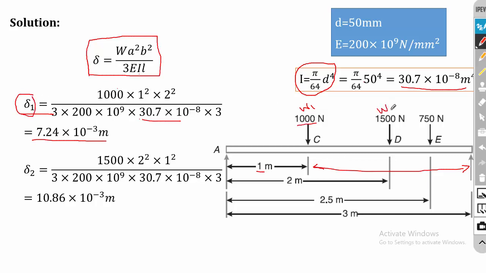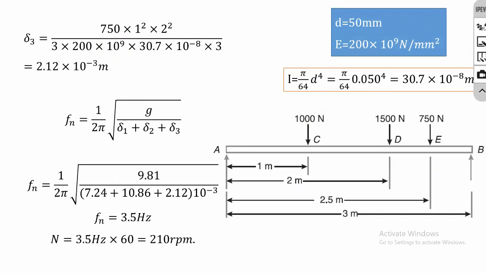Then the next load is W2, that is 1500 Newton. Here the load is replaced with 1500 and the A for 1500 is 2 meter. So the remaining length B is 1 meter. The remaining data are same. You will get del 2 is equal to 10.86 into 10 power minus 3 meter. Similarly for del 3, I mean W3, it is 750 Newton.